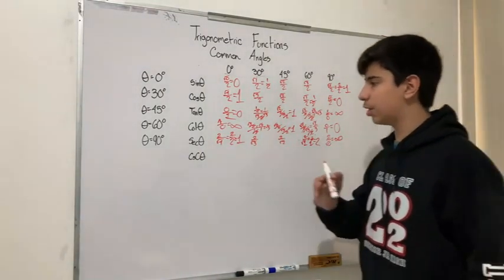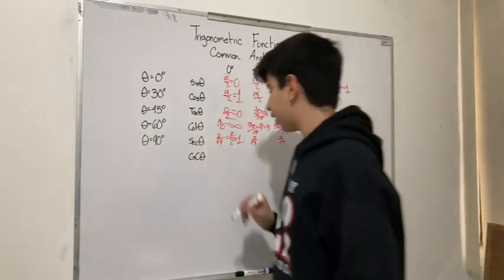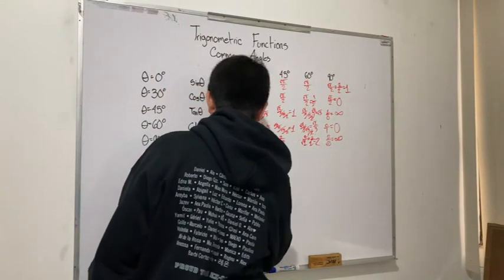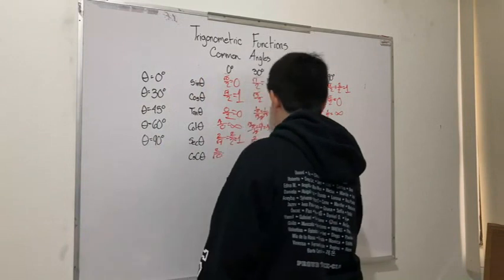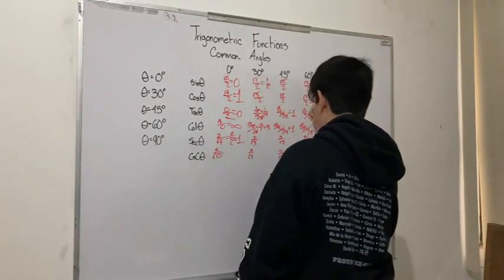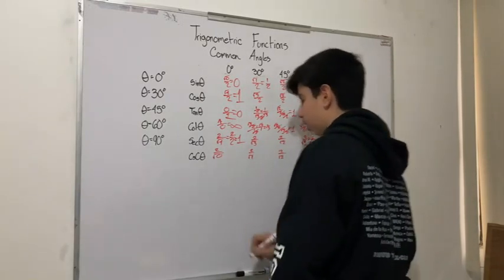Now, for CSC, what you would do is the following. You do something similar as with cotangent and secant, only with sine. So it will give you 2 divided by the square root of 0, 2 divided by the square root of 1, 2 divided by the square root of 2, 2 divided by the square root of 3, and 2 divided by the square root of 4.